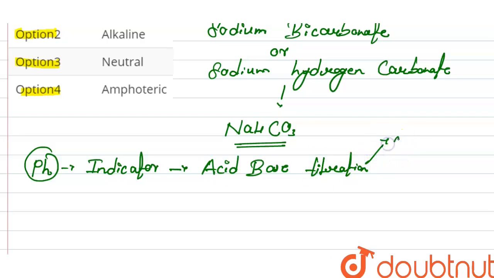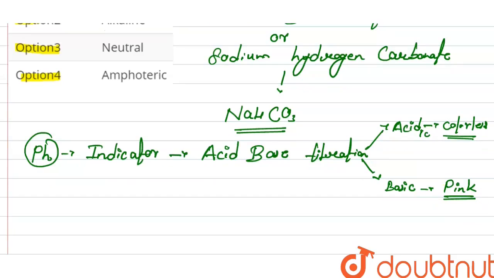Phenolphthalein stays colorless in acidic solution, and in basic solution it changes into pink color.